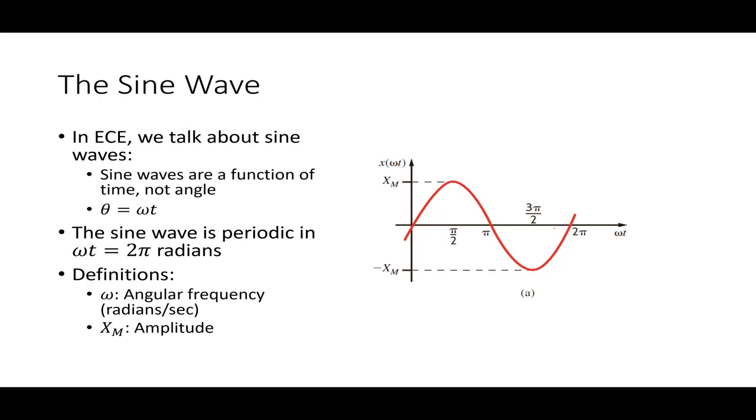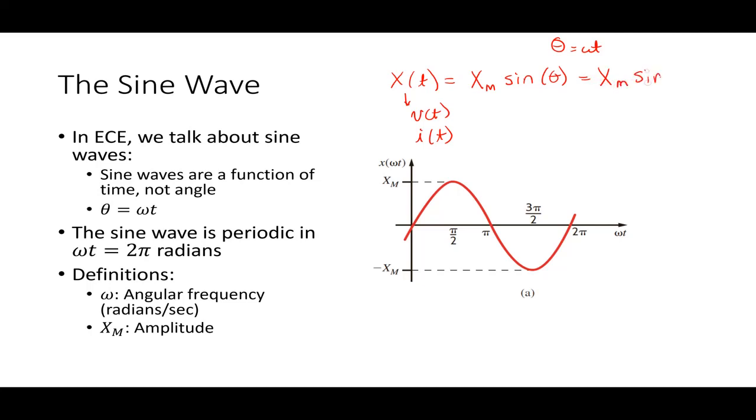So I have it as x of t, not x of theta, and that x typically means we're talking about a voltage or a current. Instead of theta, x of t equals x m sine of theta, but theta equals omega t.